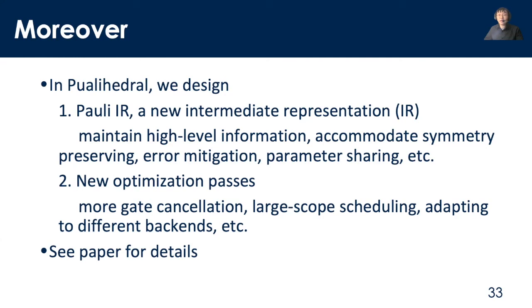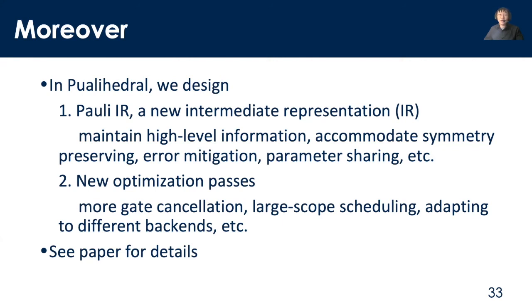Using this IR, we can maintain high-level information of the simulation kernels, and we do not need to reconstruct the high-level semantics by calculating the very large gate matrices. And our language is designed to accommodate symmetry preserving, error mitigation, parameter sharing, things like that. Basically, all the algorithm constraints of quantum simulations as far as we know.